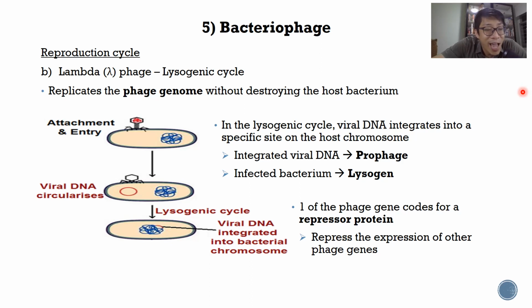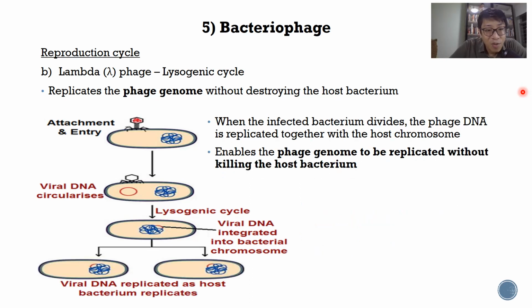And so there's not going to be the enzyme to break down the bacterial DNA. There's not going to be making of capsomeres and so on. As a result, your viral DNA just stays silently in the bacterial chromosome.